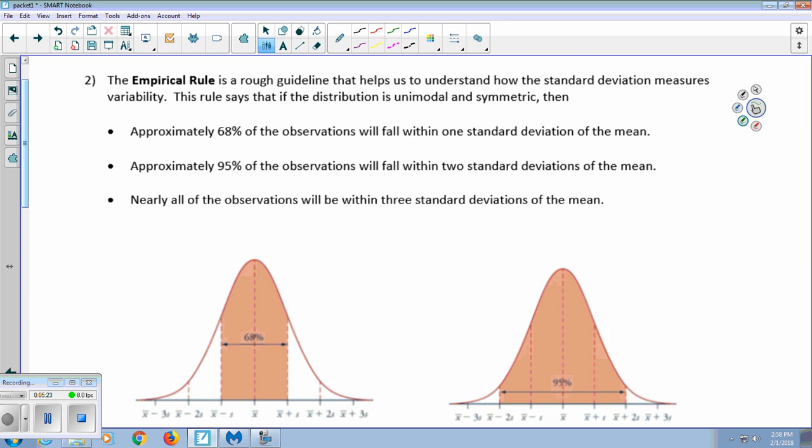In general, when we're looking carefully at the shape of our distribution and it's unimodal and symmetric, then the following is going to be true: approximately 68% of our observations are going to be within one standard deviation of the mean. That's shown on this graph here on the left. We're talking about being between +1 standard deviation and -1 standard deviation from the mean.